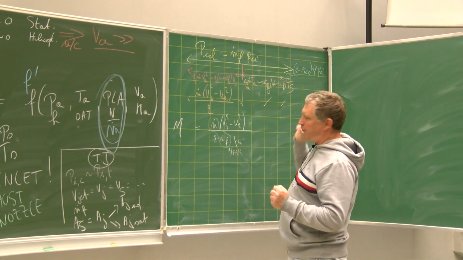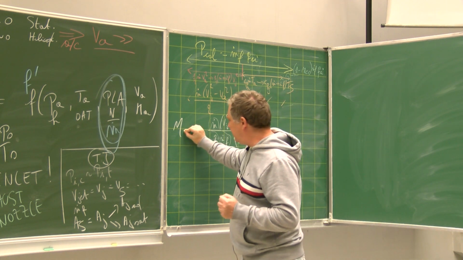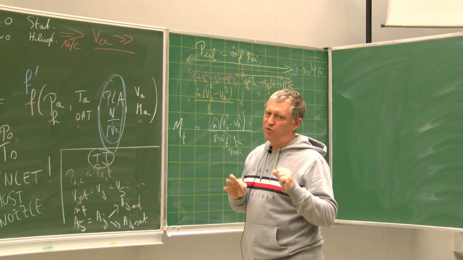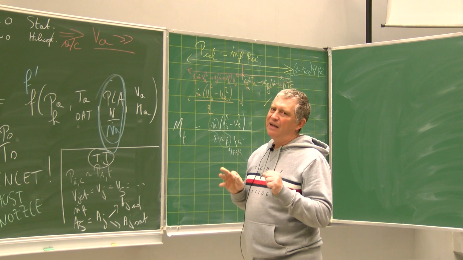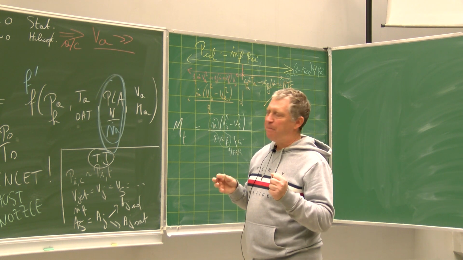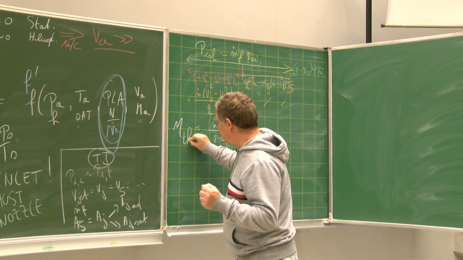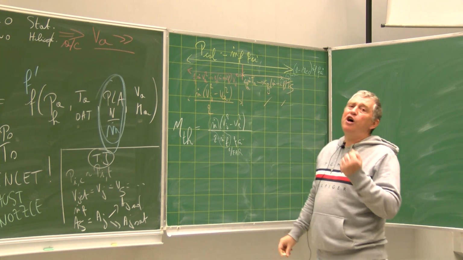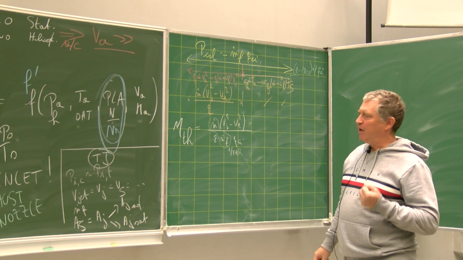This first efficiency is very similar to what we had in the eta E of the basic gas turbine cycle. This is what we call the thermal efficiency of the engine.